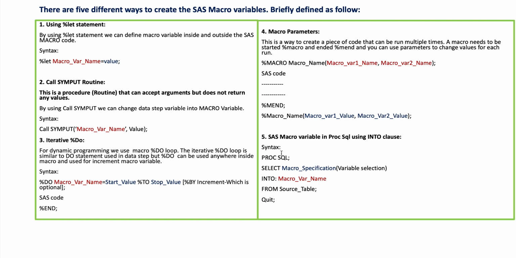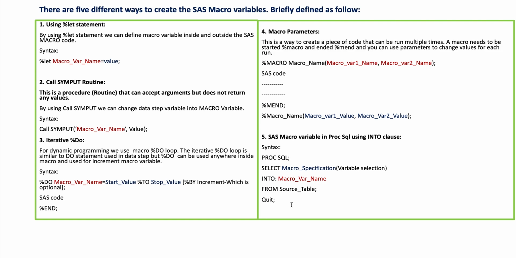Syntax is given here: proc sql, semicolon, select macro_specification, that means we have to select the variable name, variable selection into macro variable name, from source of the data, from which table we are going to select the variable, and quit. This is the fifth method.